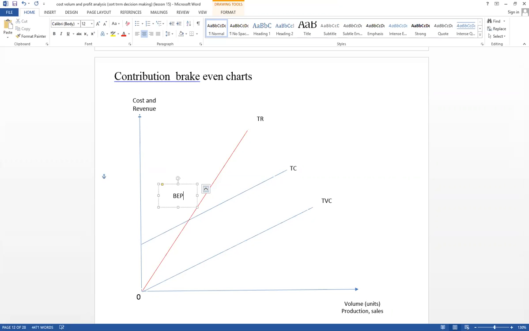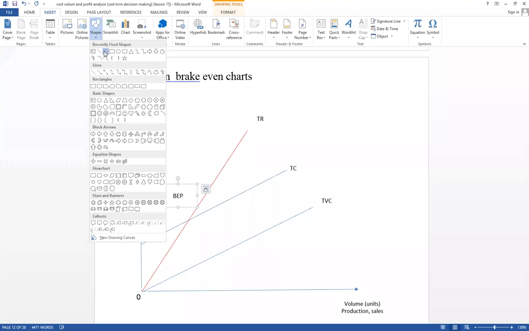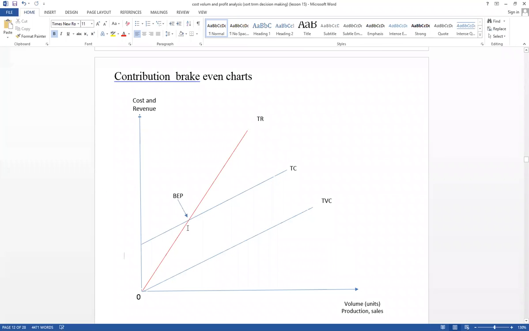BEP, break-even point. This is a break-even point. Total revenue equals total cost. Neither profit nor loss. Then think about break-even point quantity as well as break-even point value.